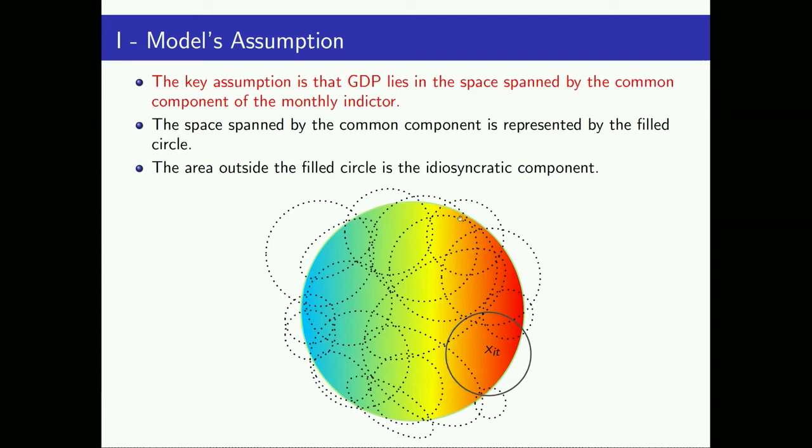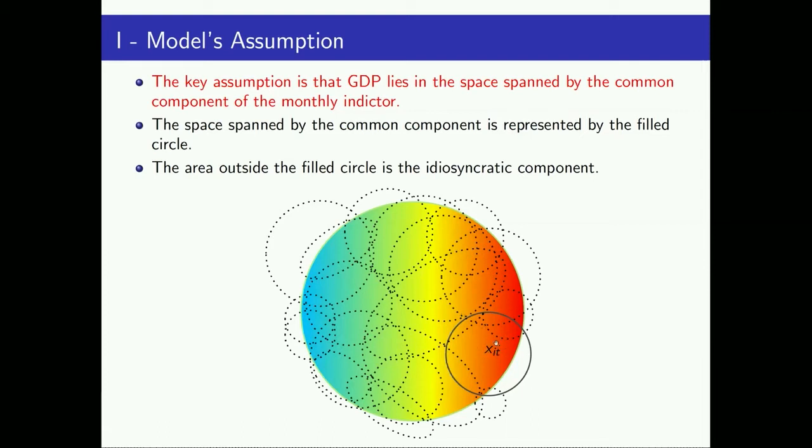We assume that each monthly indicator shares a common component with the GDP. For instance, look at the black circle where XIT is inside.